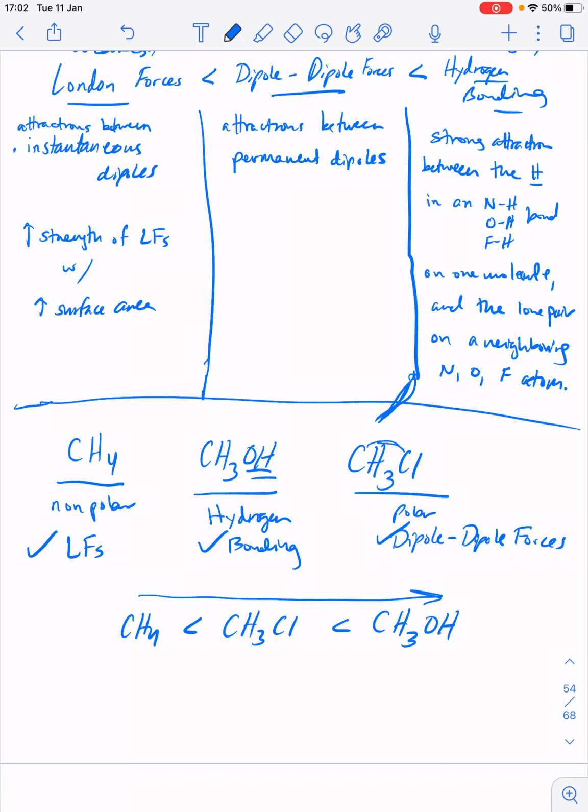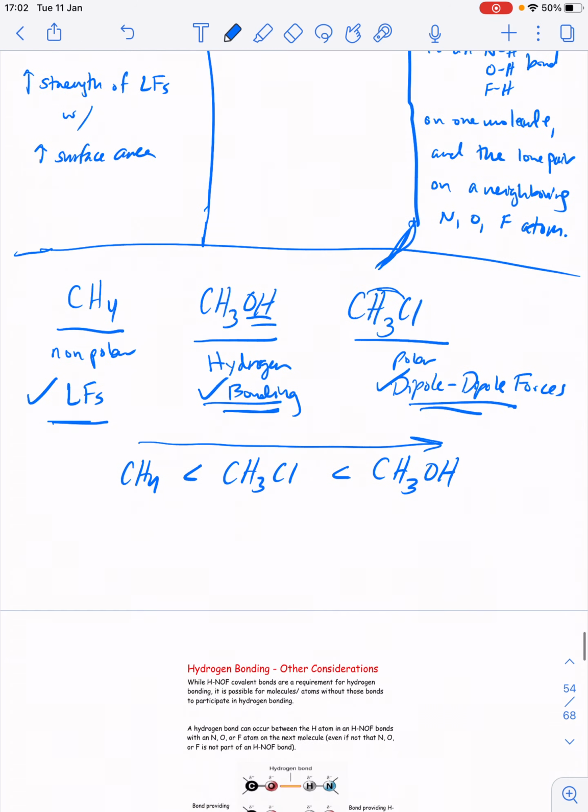If you're going to earn the marks on the mark scheme for explaining why, you would simply have to say dipole-dipole forces are stronger than London forces, and hydrogen bonding is the strongest type of intermolecular force. It's stronger than both those other forces. And then you're done. So usually explaining a ranking in physical properties is as simple as name the types of IMFs that are relevant for each molecule, and then explain how they rank for strength.